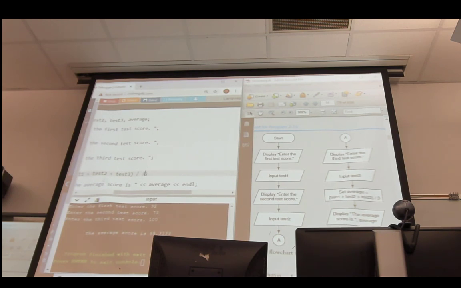But if I input 92, input 70, input 100, that's whole numbers, right? And then I divide by a whole number, which is int, it's going to divide and give me an int result, no matter what. So even though test 1, test 2, and test 3 are floats, and you're entering the floats, it's still gonna consider them all. Right, as long as I put whole numbers, yes, watch.